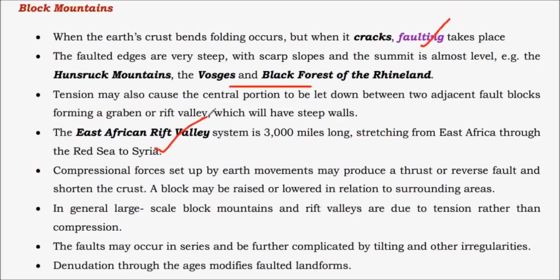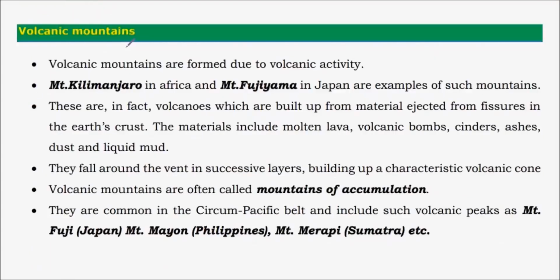The East African Rift Valley, the Great African Rift Valley, is formed due to this kind of mountain building process. And due to denudation, these mountains undergo various structural changes, so they might appear differently after a certain period of time after formation.